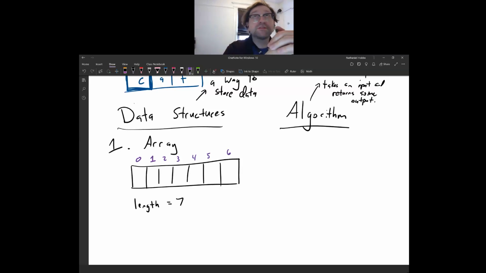This is the convention that's used in computer science, that things start with the number 0. If you don't like that, for whatever reason, you can write your indices like this: 1, 2, 3, 4, 5, 6, 7. I don't care.